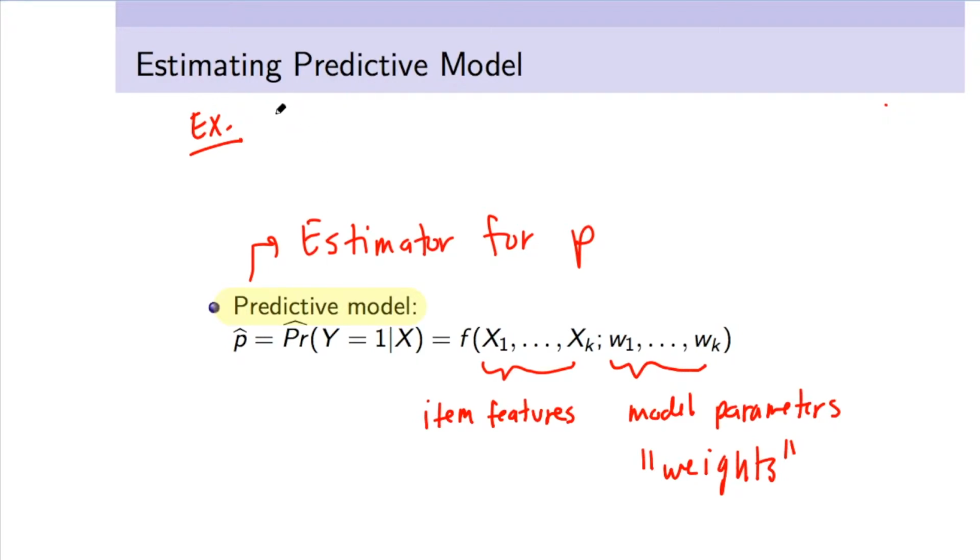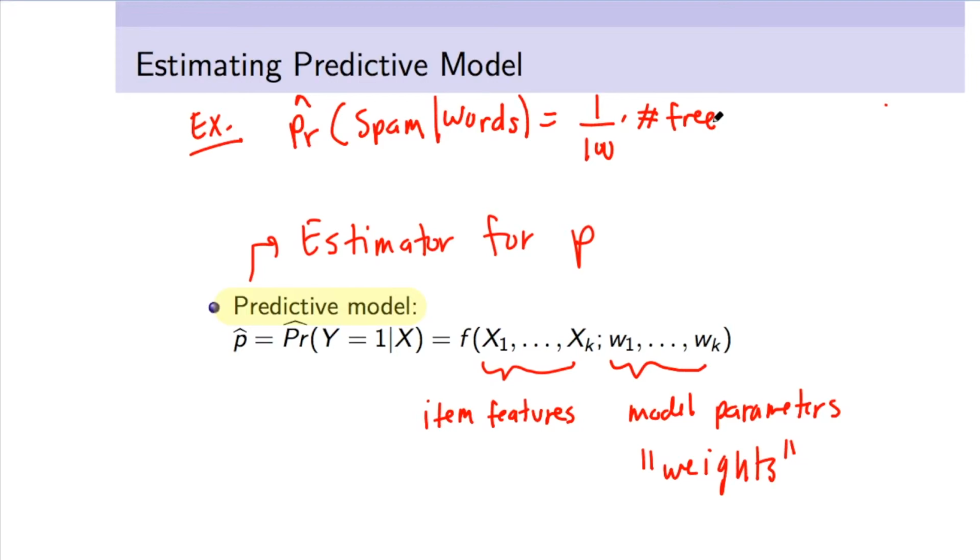We could have the estimated probability, where the hat denotes the estimator, that an email is spam given the words in the email, is equal to 1 over 100 times the number of times "free" appears in the email plus 1 over 10 times, let's say, the number of times "when" appears in the email.